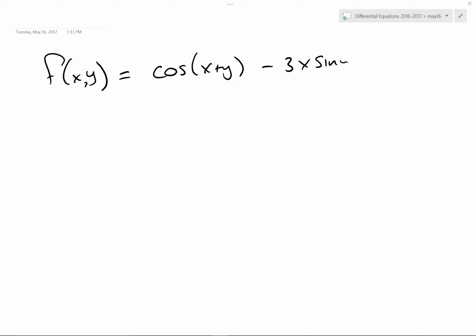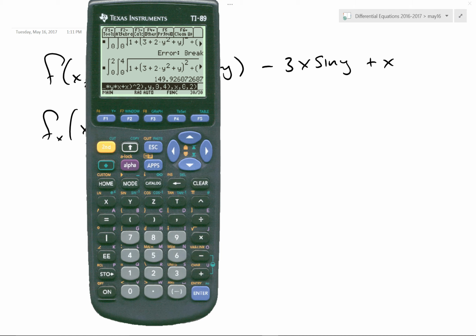Let's suppose our function was f of x and y equals the cosine of x plus y minus 3x sine y plus x. So, the partial with respect to x. I can't do that in my head. Well, I probably could, but I don't care to.